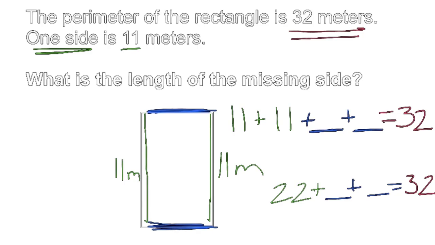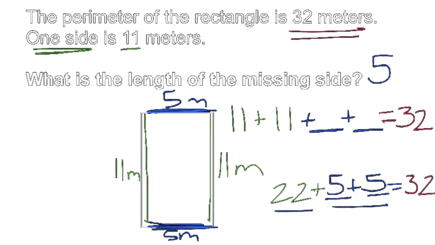How can we equally split those 10 meters between the two sides? Half of 10 is 5. So these sides are each 5 meters. 5 plus 5 is 10, and 22 plus 10 is 32. So the missing side length is 5 meters.